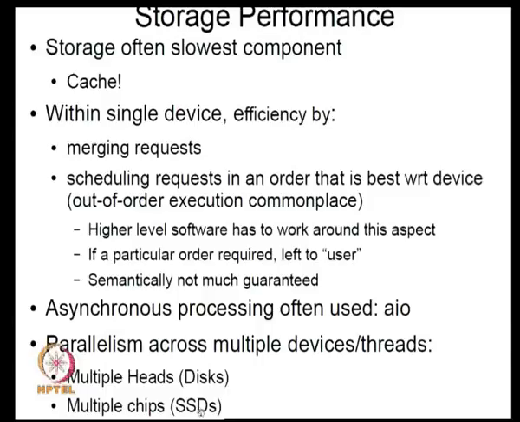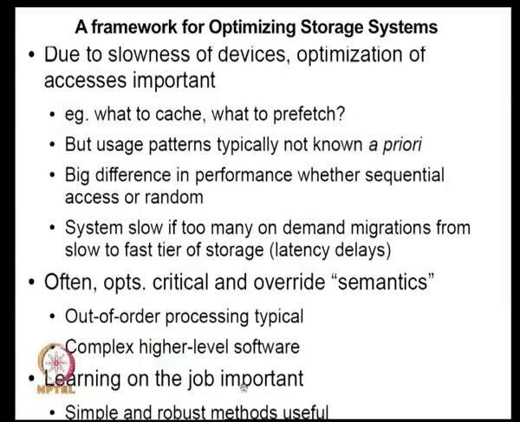All the disks are working at the same time. A parallel file system can try to use all the disks at the same time. It's difficult to exercise all the parallelism that's available, but that's what a parallel file system tries to do. With SSDs, people are also now beginning to figure out how to use all the concurrency that's available. So that is another exercise.